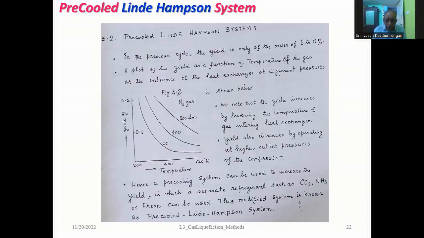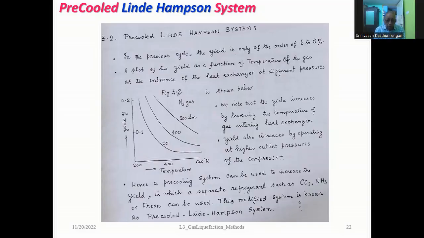So what it means is, if you use a pre-cooling system, we will be in a position to increase the yield, in which a separate refrigerant such as carbon dioxide, ammonia, or freon can also be used.